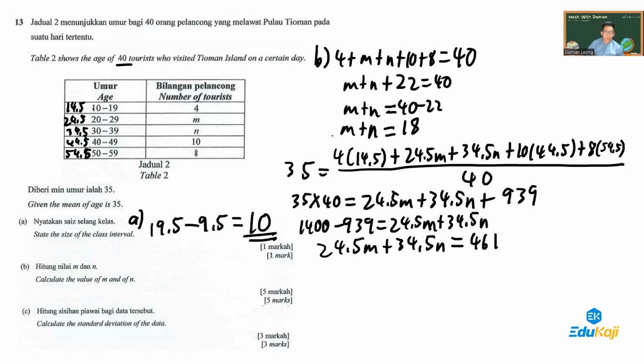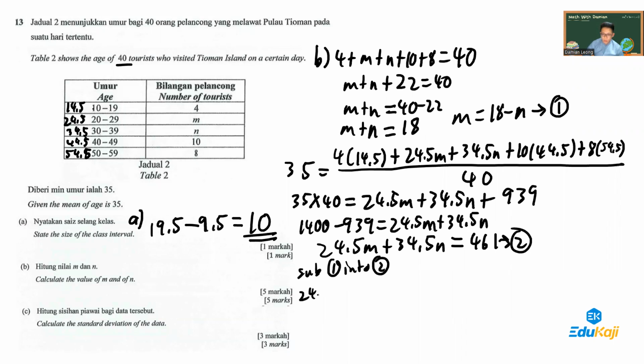It doesn't really matter whether you use substitution or elimination with the two equations. Let's say I use substitution. M is 18 minus N. Equation 1, equation 2. Substitute equation 1 into equation 2. So just change the M into 18 minus N.